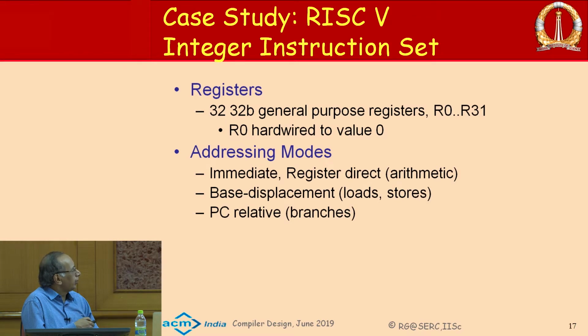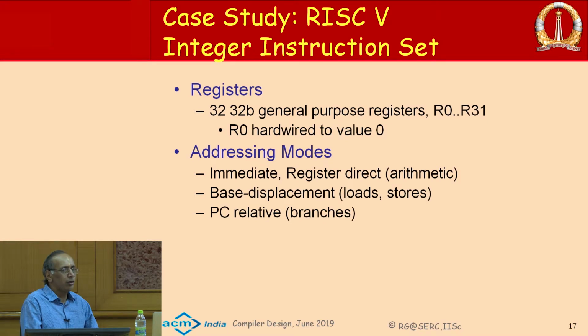So this has 32-bit general purpose registers, R0 to R31, and R0 always has a value 0. It means that no value can be written into it. If you want to get 0 as a value, then you can read R0, it will give you the value 0, right? Many of the RISC architectures have a hardwired 0 register for various purposes.